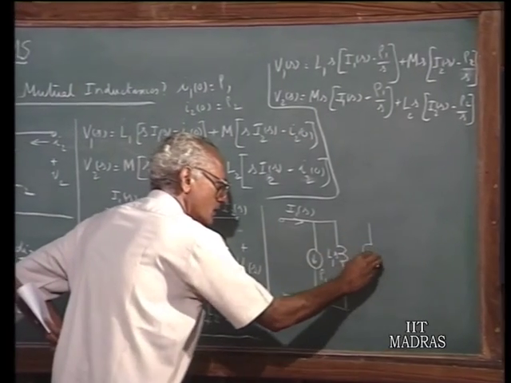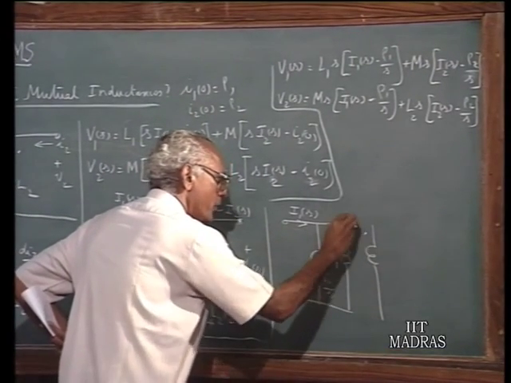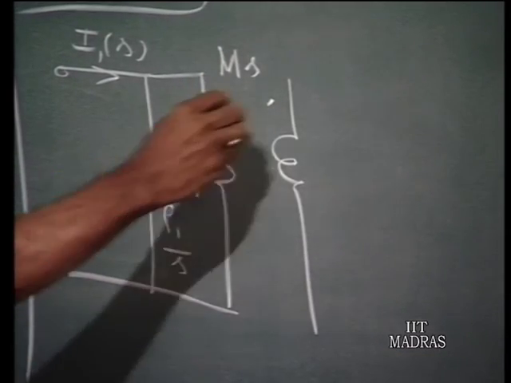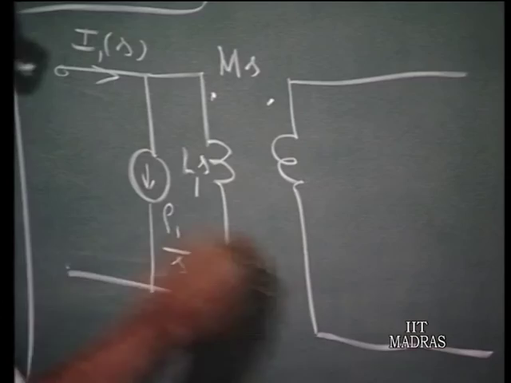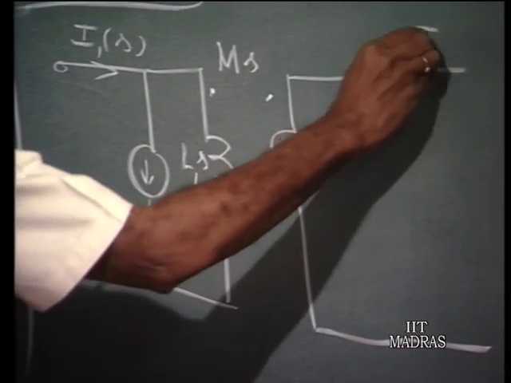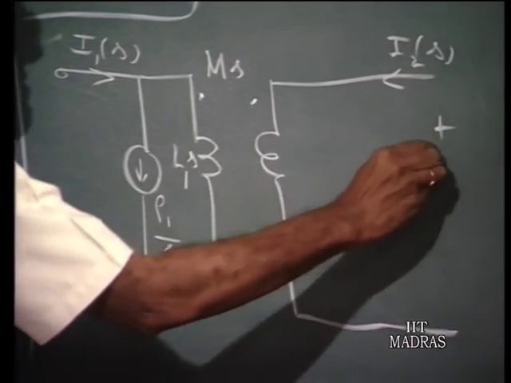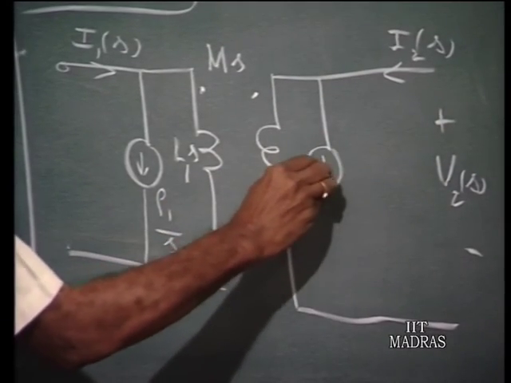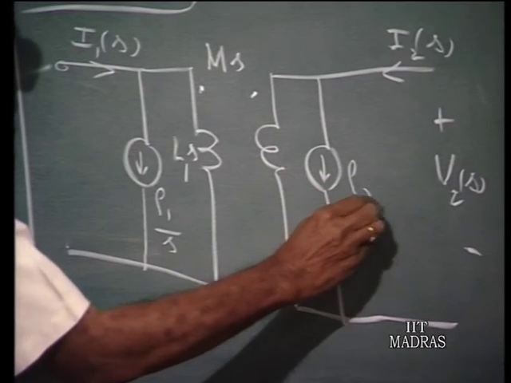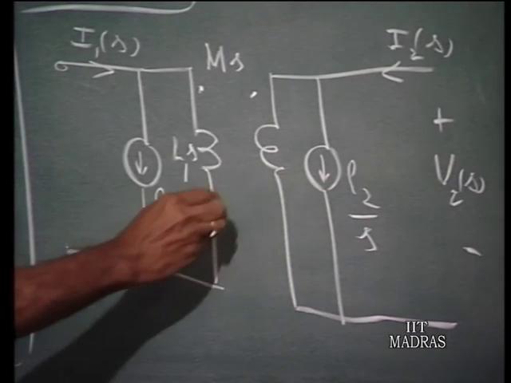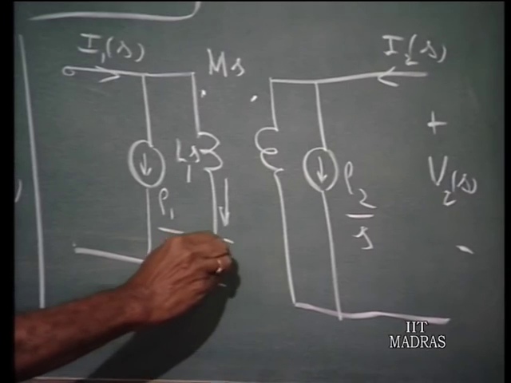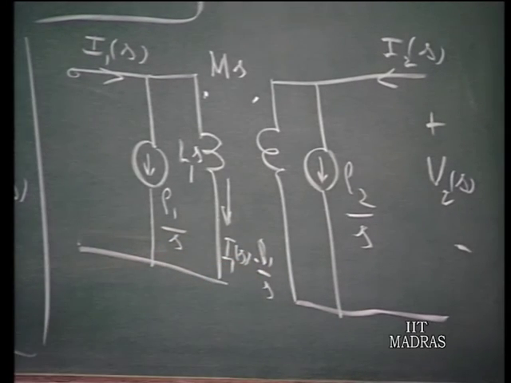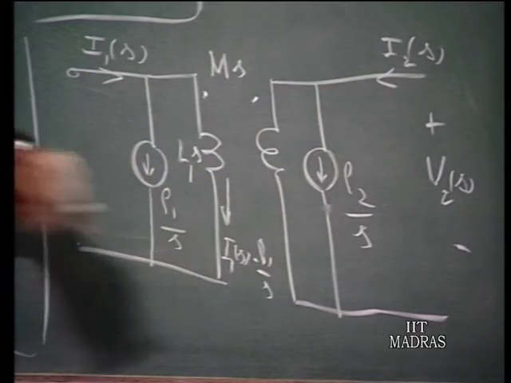In addition, you have a mutually induced voltage Ms times the current in this coil. And what is the current in that coil? In a symmetrical way, you have I2(s) here, this is V2(s), and you have another current source here which is rho 2 by s. So, the current in this coil is I1(s) minus rho 1 by s, and the current here is I2(s) minus rho 2 by s.